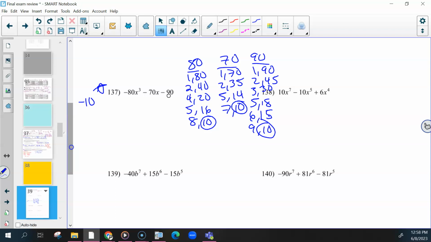But in this case, the 90 doesn't have a variable, so no variables at all. Divide that from each term and see what's left. And we are only looking for GCF, so nothing else here.